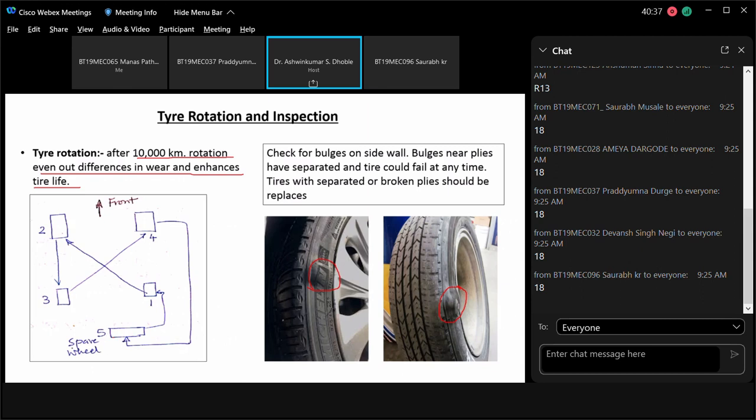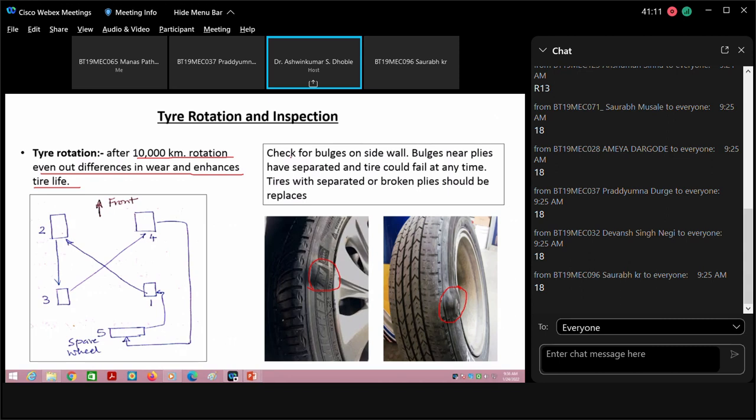You are going to shift the spare wheel to position 1, then the wheel at position 1 will be shifted to position 2. Position 2 wheel will be shifted to position 3, and 3 will be shifted to 4, and 4 will become your spare wheel. So this is basically the tire rotation pattern. So after every 10,000 kilometer, do not forget to rotate the tire, because that will even out the wear on the tire.